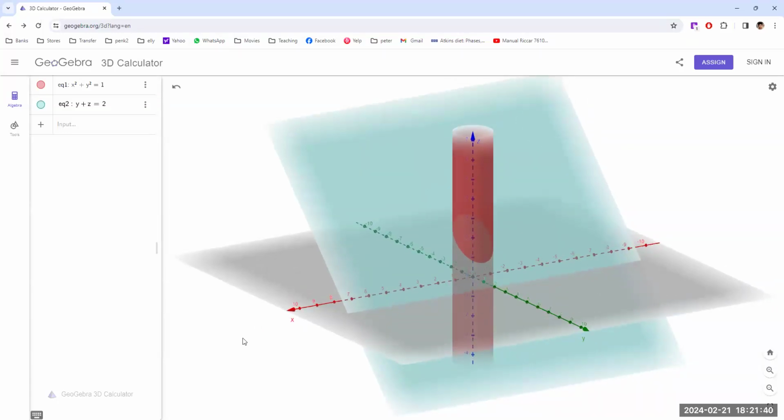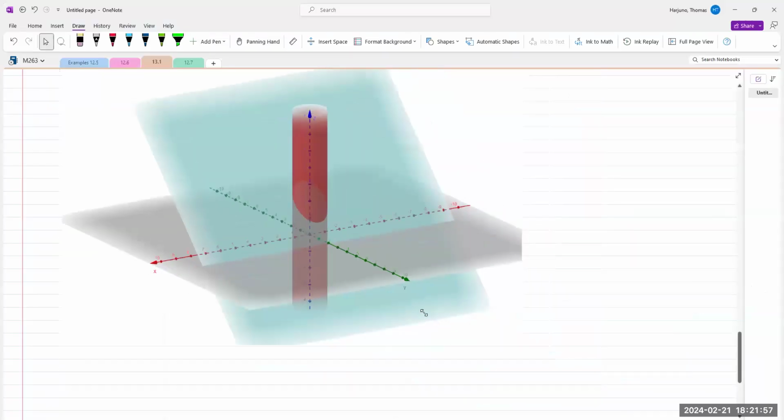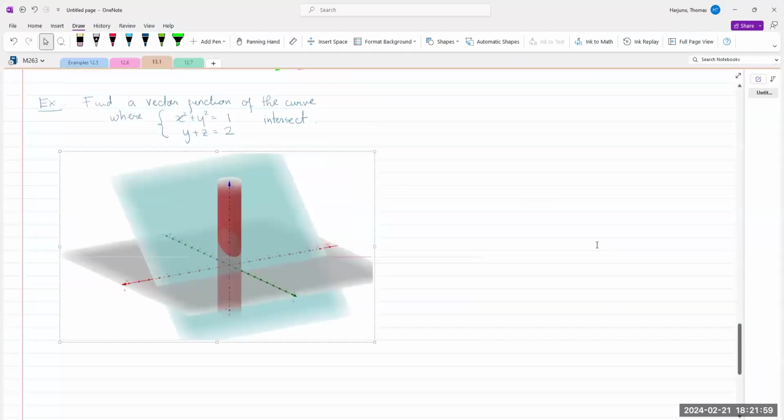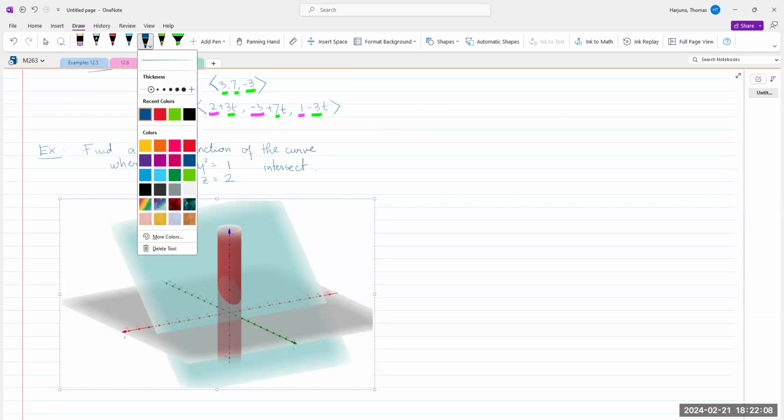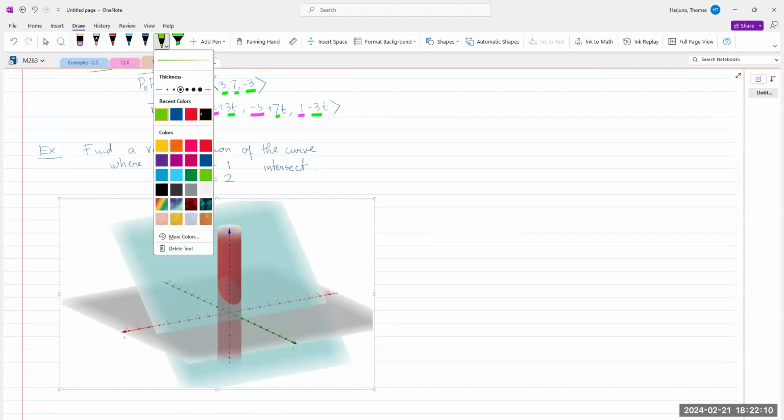Okay, now suppose I screenshot that thing and then put it on my notes here. Of course, I need to make it smaller so that it's easier to see. The intersection we are talking about is actually this part. Let me use a thicker black color.